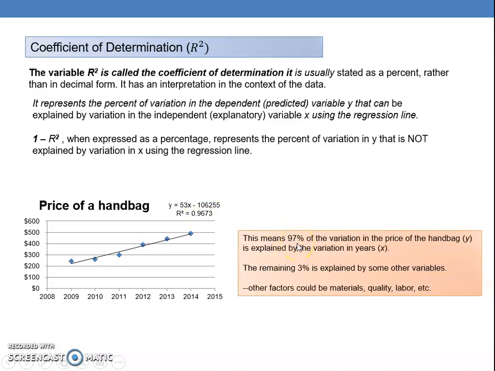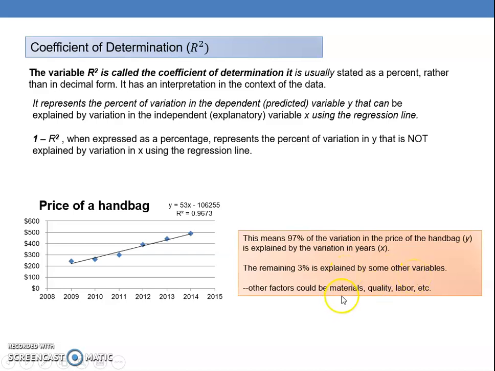So what this means is 97% of the variation or the change in the price of the handbag is explained by the number of years, or letter X. So the remaining 3%, so 1 minus R squared, or 1 minus 0.97, is equal to 3%. So this is explained by some other variables.